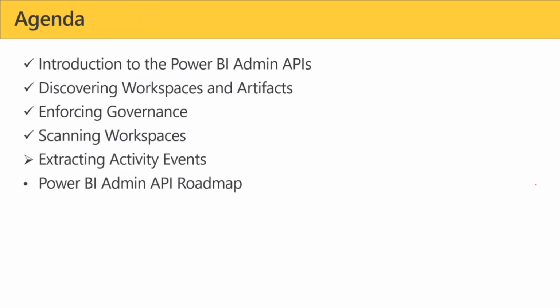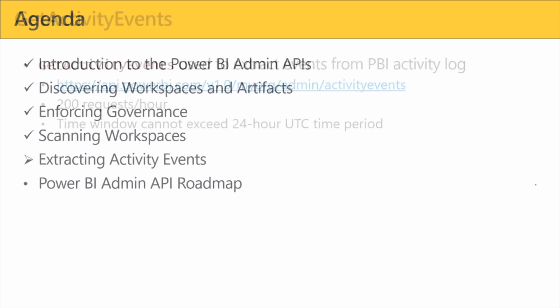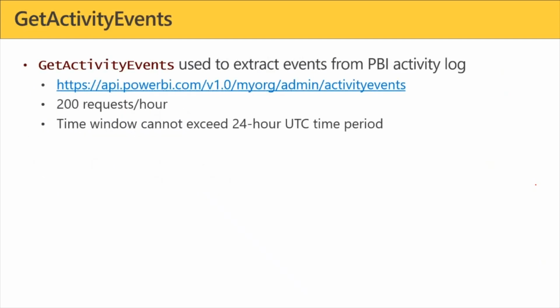Now, there is one more section that we're going to cover before I hand over to Rick, and that is extracting basically activity events. So inside the admin API, we have a GetActivityEvents operation.